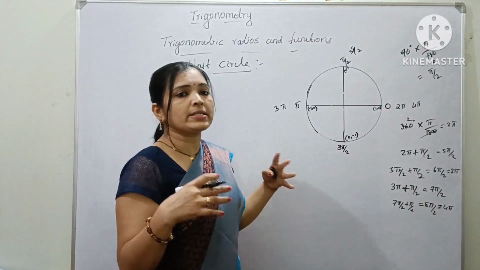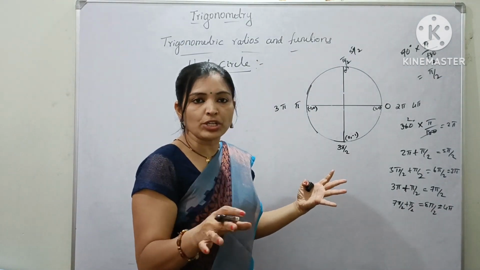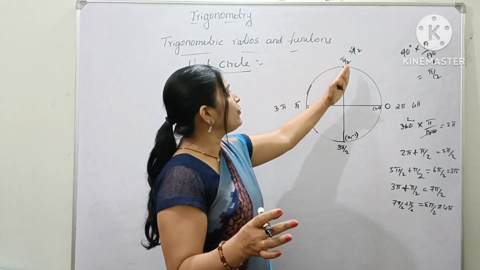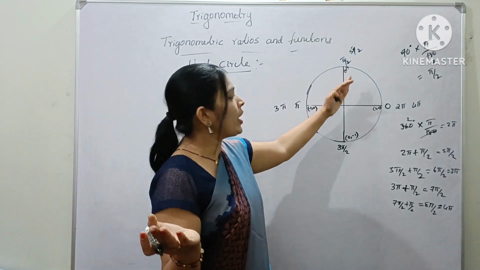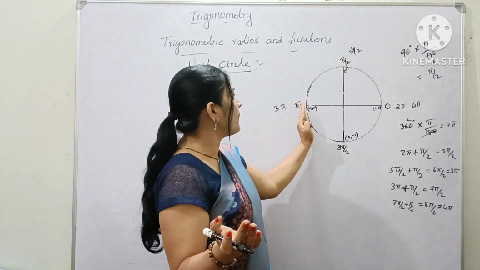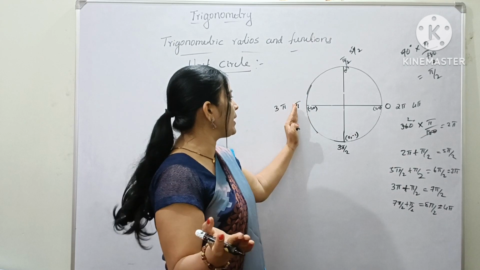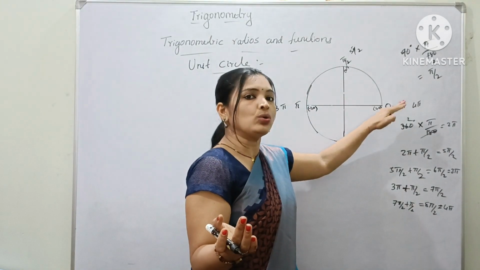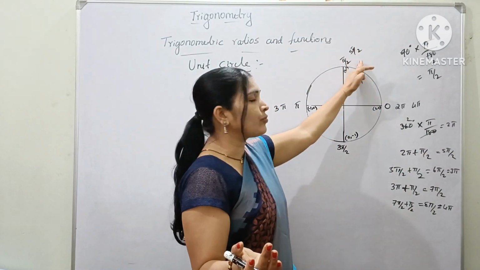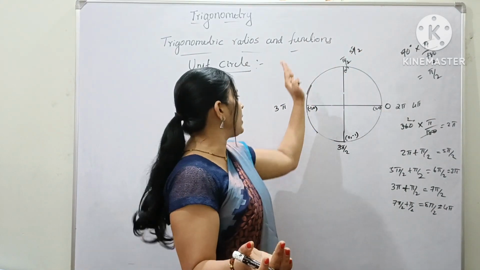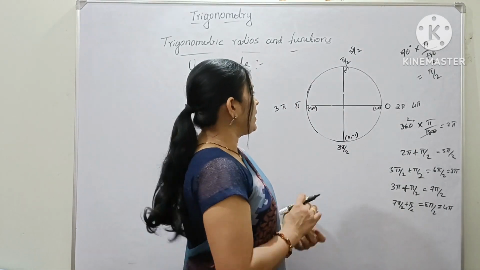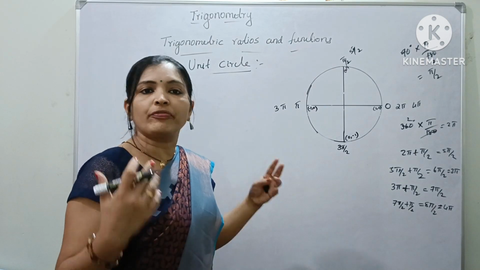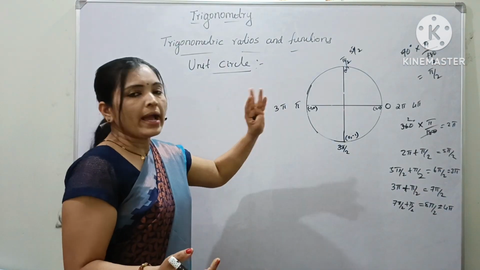All 6 trigonometric ratios or functions are measured with angles in radians, so we convert degrees to radians: pi by 2, pi, 3 pi by 2, 2 pi, 5 pi by 2, 3 pi, and so on. So here we will find the values of these trigonometric functions for the given angle measures.